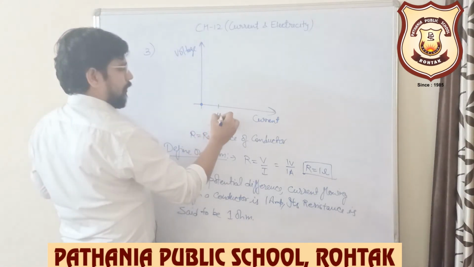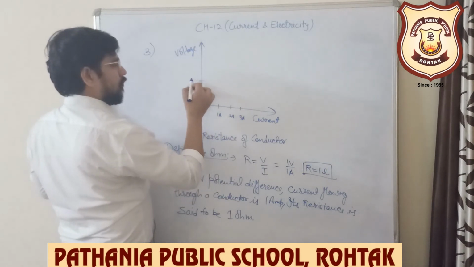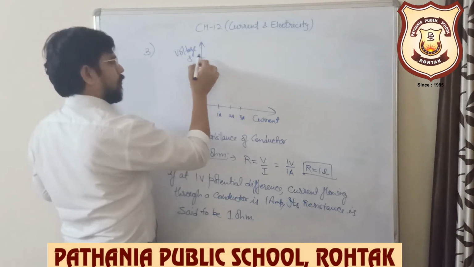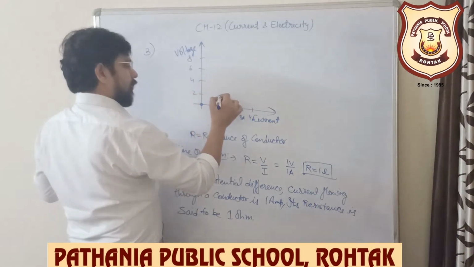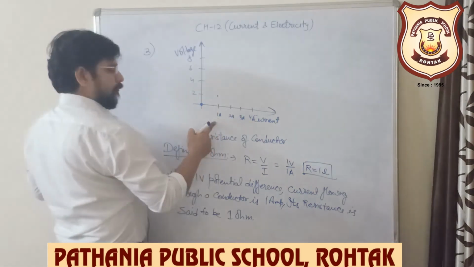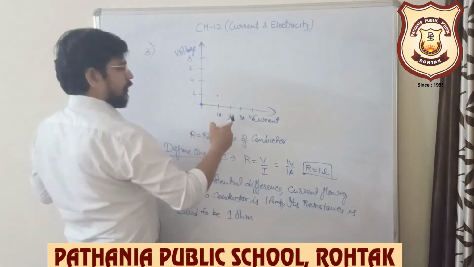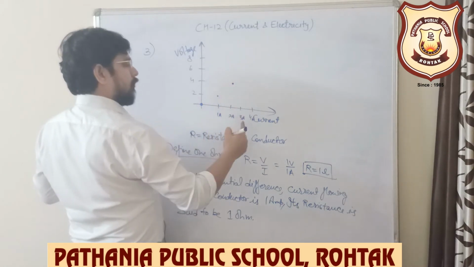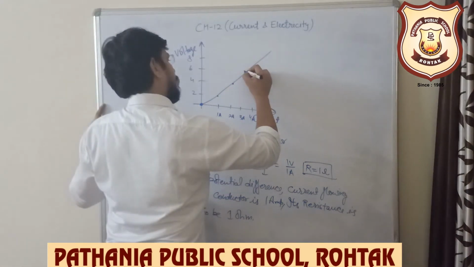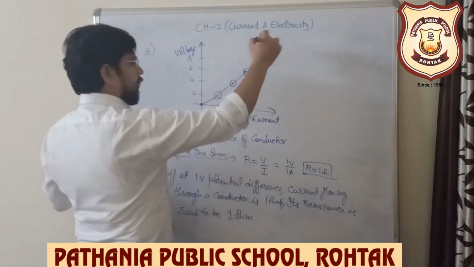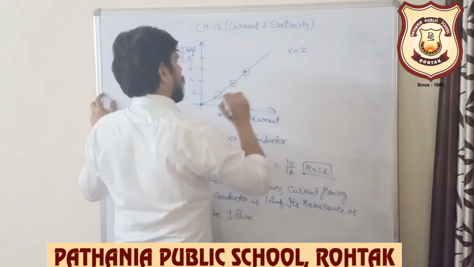And suppose 1 ampere, 2 ampere, 3 ampere, 2 volt, 4 volt, 6 volt, 8 volt, 4 ampere, etc. So if you are observing a graph like this between values of current and voltage, say 1 ampere current when 2 volt is the voltage, 2 ampere is the current when 4 is the voltage, 3 ampere is the current when 6 volt is the voltage, then you will get a straight line graph.